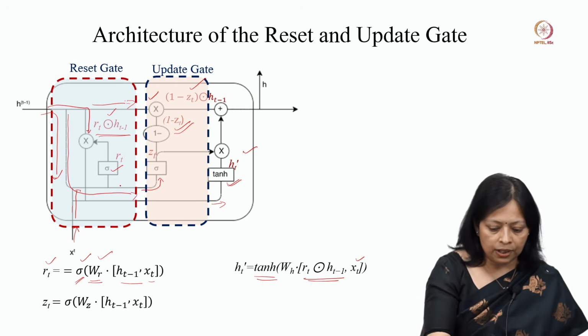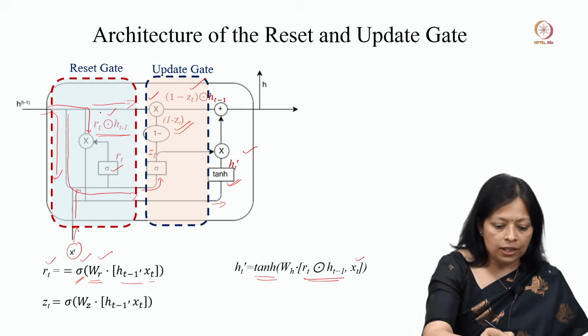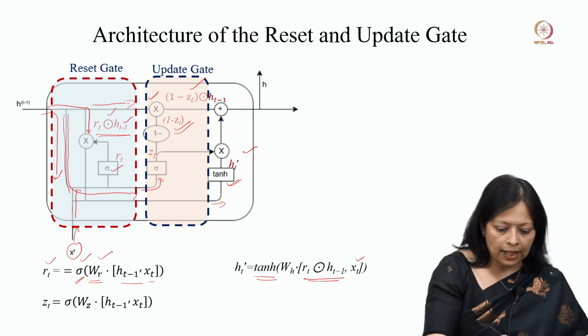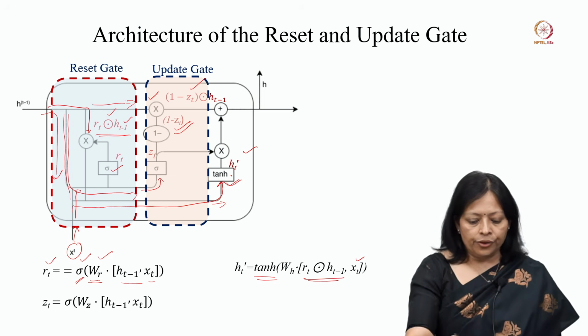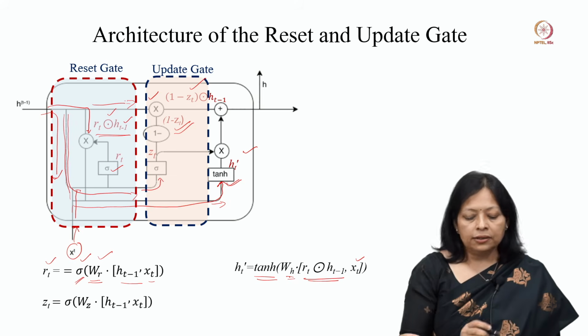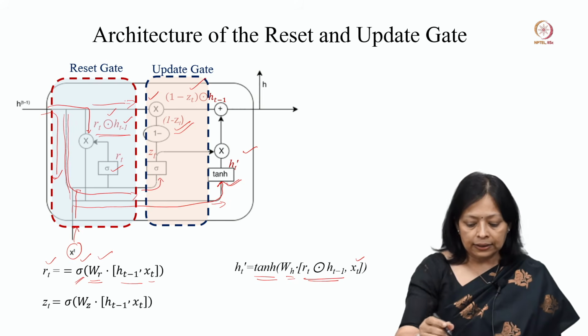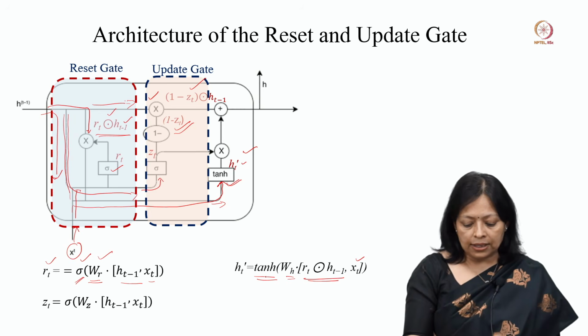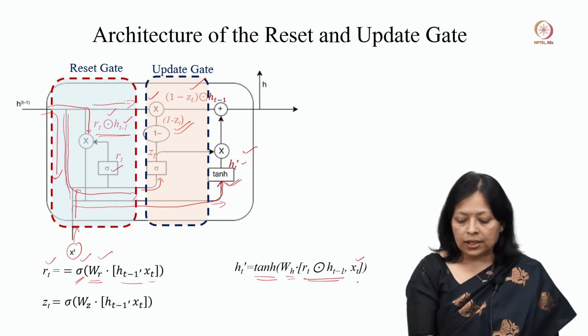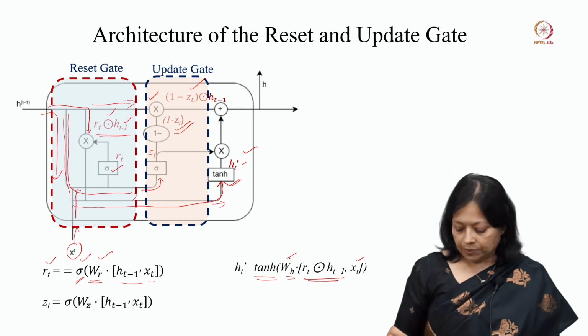XT comes from here, and RT into HT minus 1, whatever we have gotten here, actually comes here, and then it goes here. Okay. WH is the weight matrix for the hidden state, and we get HT prime. What is HT prime? That is tanH of WH into RT into HT minus 1 and XT weighted sum with the weight matrix WH.